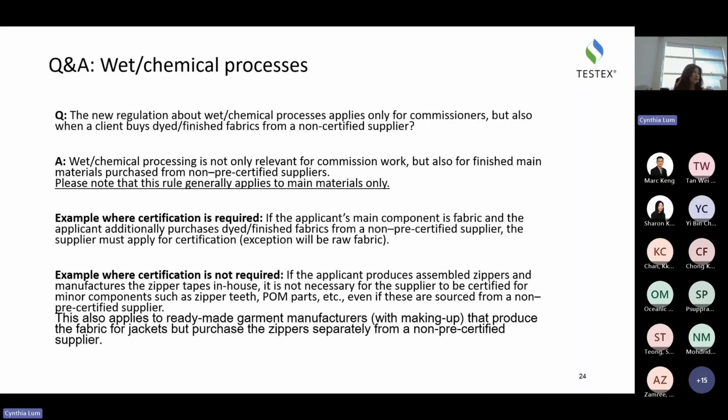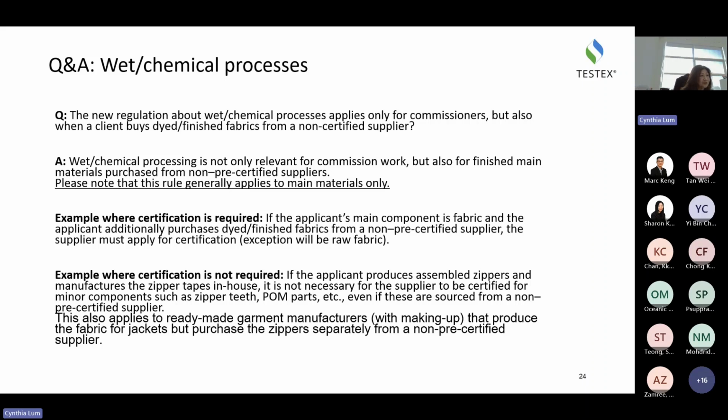So where a certificate is required, if you look at here, right? If the applicant's main component is fabric and the applicant additionally purchases dyed finished fabrics from a non-certified supplier, that supplier must apply for certification.